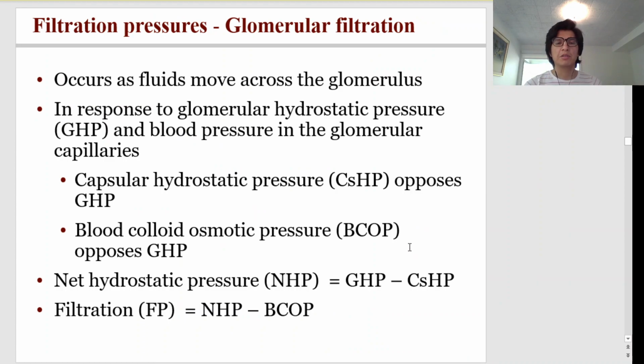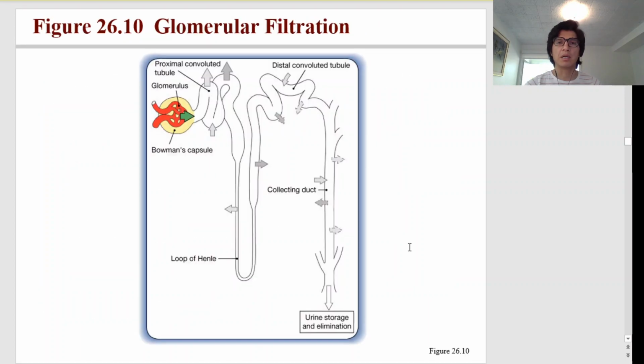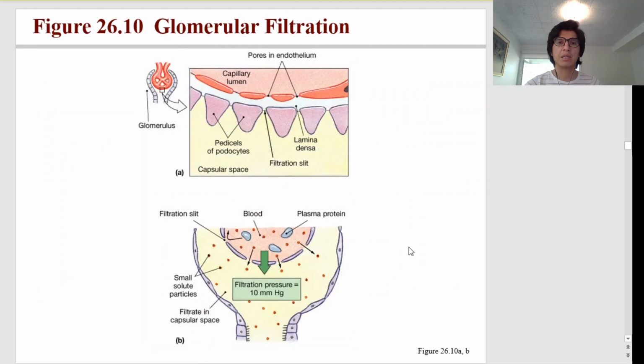Glomerular filtration is going to be dependent upon pressures arising from the glomerulus, basically the pressure in the lumen of the blood vessel, and the capsular pressure, the pressure out here. The pressure in the lumen of the blood vessel is going to be higher, otherwise we'll have movement into the blood rather than out of the blood.